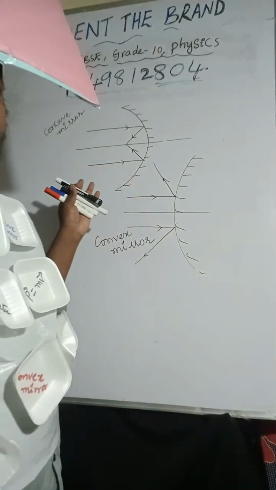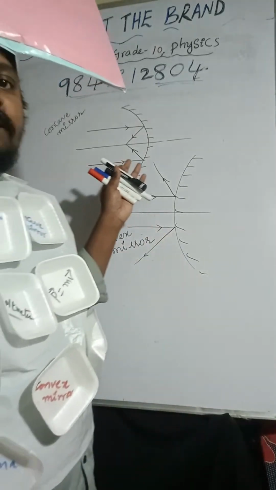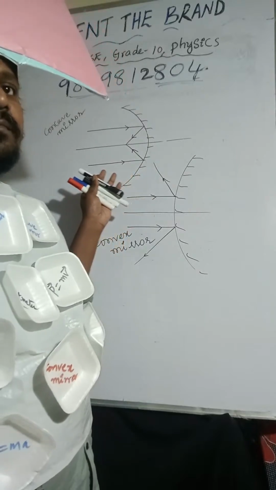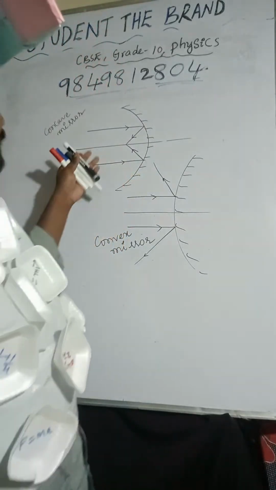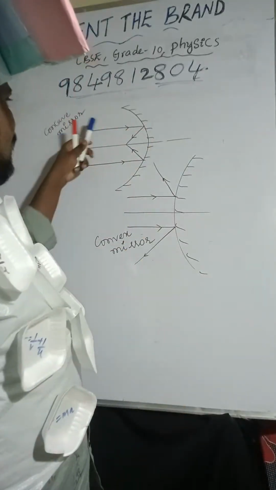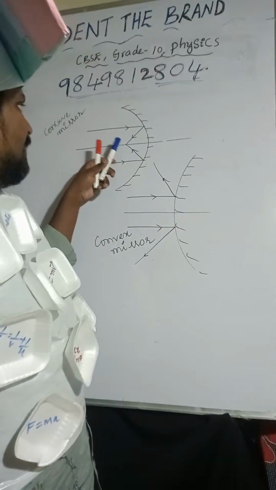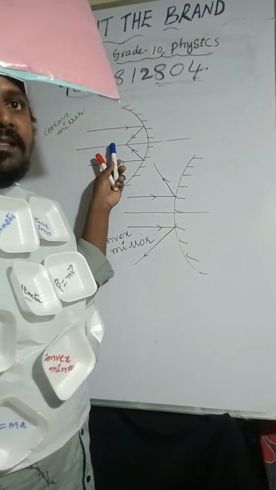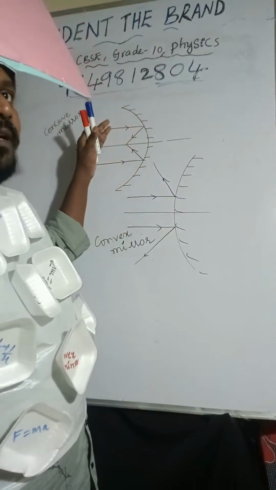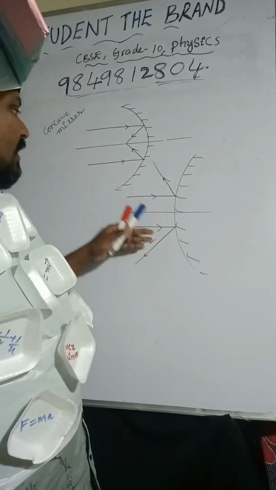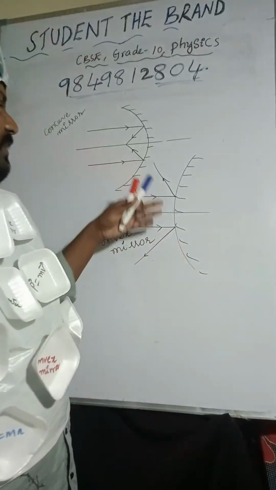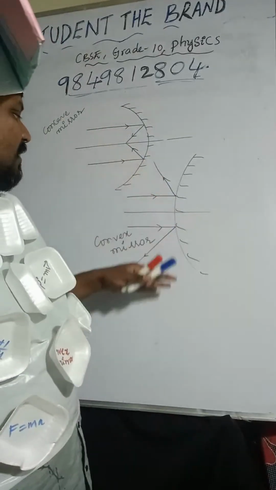In the concave mirror, the light rays are converged and meeting at one point on the principal axis. Here, the light rays are diverging from the mirror.